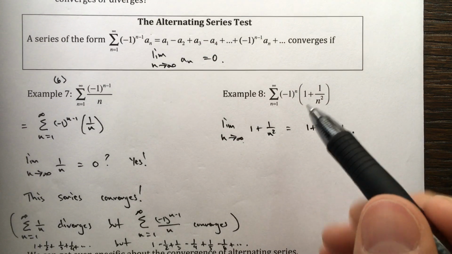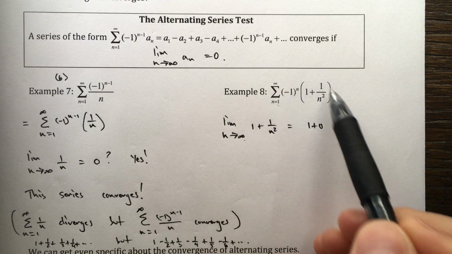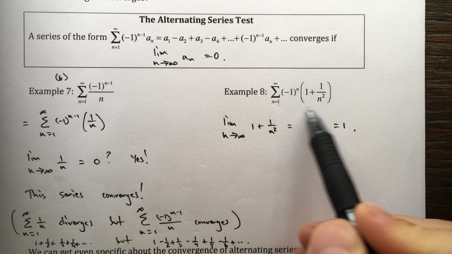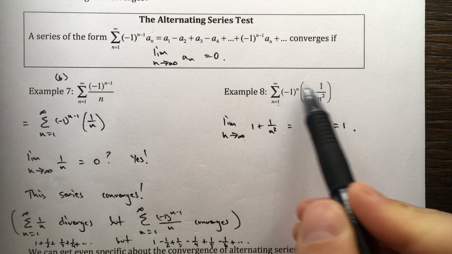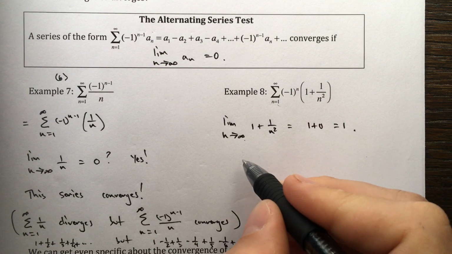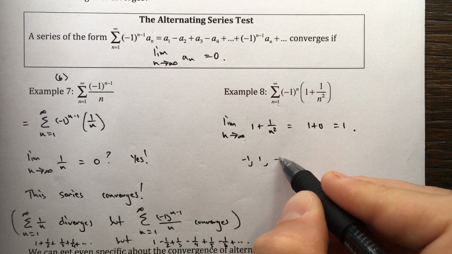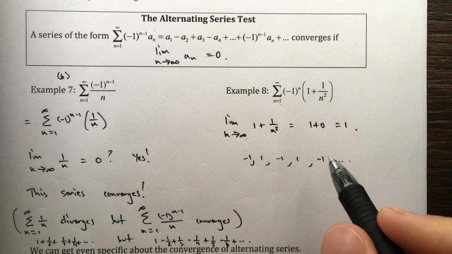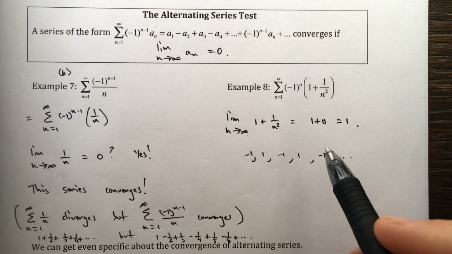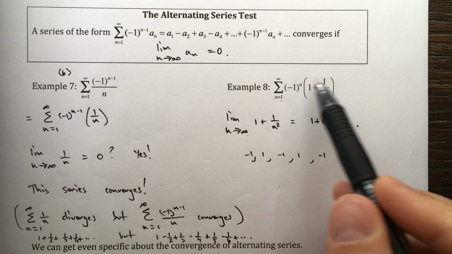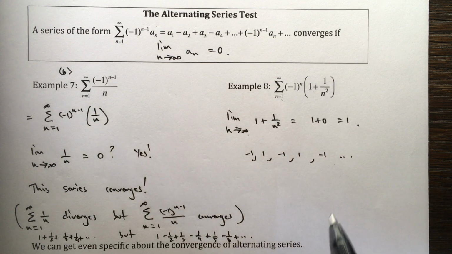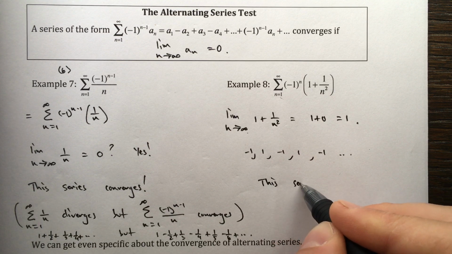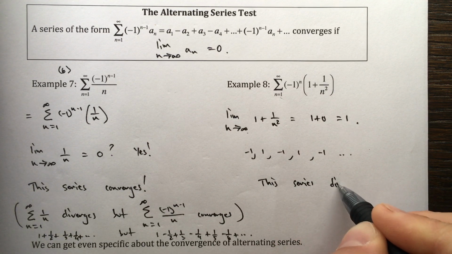Well, that basically means that the limit of this sequence doesn't equal 0 either, right? The terms here of this sequence are -1, 1, -1, 1, -1, etc. At least as n approaches infinity, that's how it's going to behave. So we know that if the sequence doesn't approach 0, this whole series has to diverge. So this series diverges.